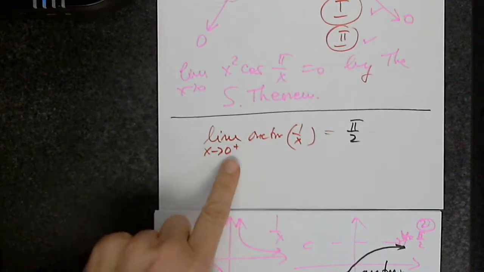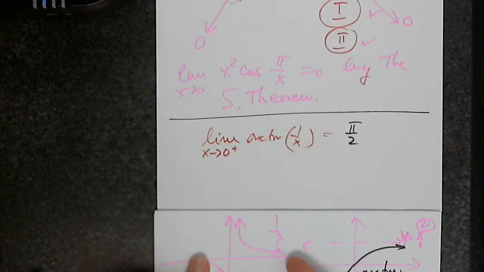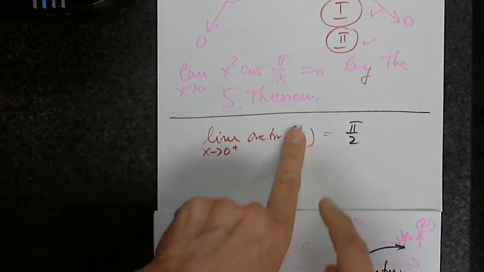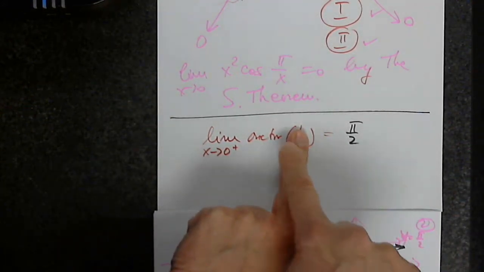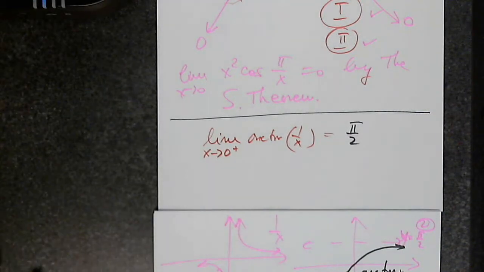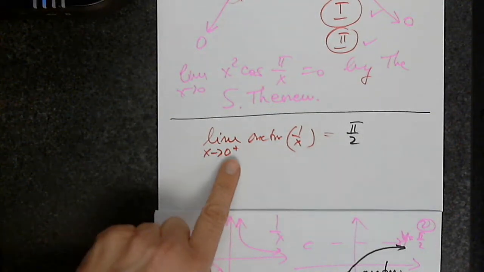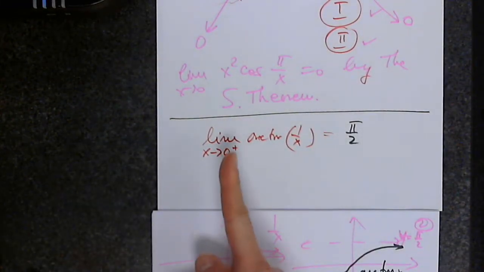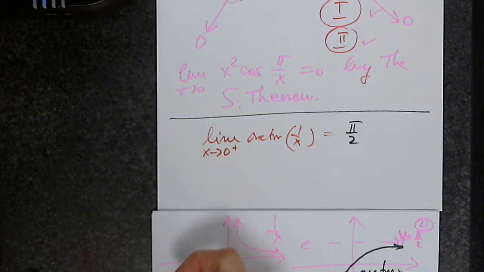So 0 from the right of this function is positive infinity. Do I understand that part? Yeah. So now when this approaches infinity, arctangent of infinity is pi over 2. Wait, where are you getting infinity from? When x approaches 0 from the right, 1 over x approaches infinity. Is that just because 1 over 0 is infinity?